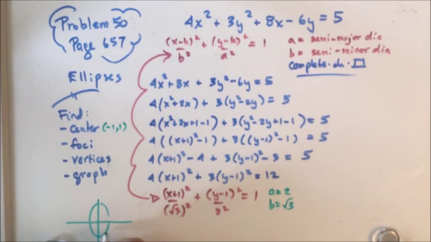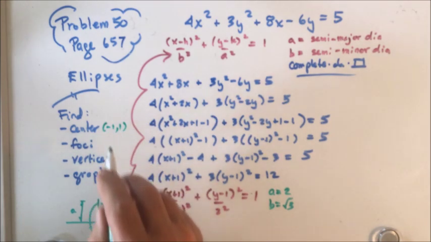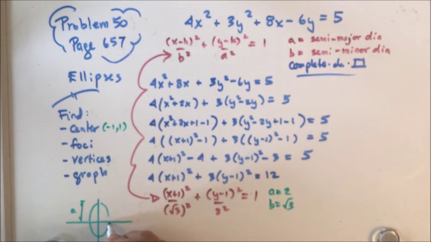This direction is B. This is B right here. Boom. B. This is A right here. Boom. A. Okay, so that means that this point has the same y coordinate as the center, which is 1, but it's removed plus and minus b from the x coordinate.